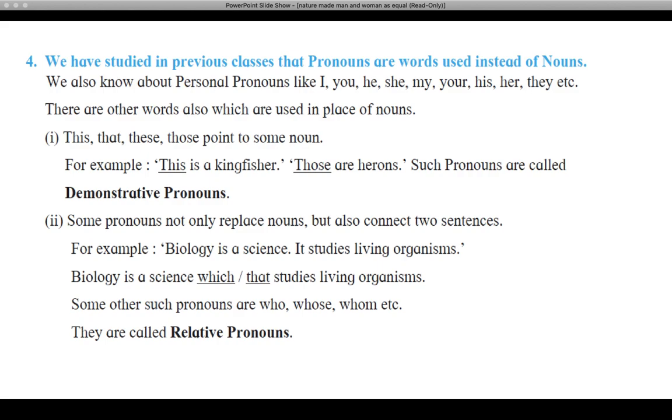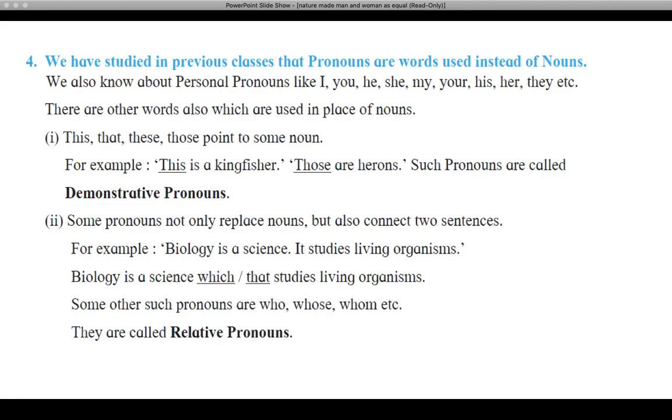Next, some pronouns not only replace nouns but also connect sentences. Now, don't confuse it with conjunctions. Those also connect sentences, but here we are using a pronoun. For example, biology is a science, one sentence. It studies living organisms, second sentence.